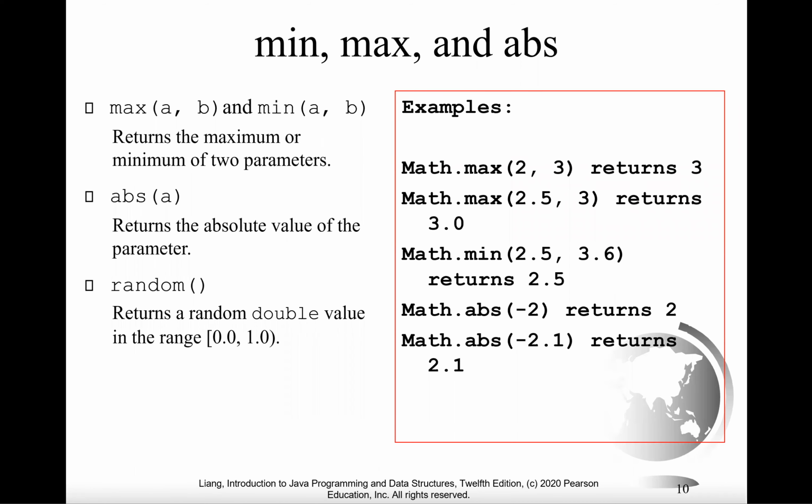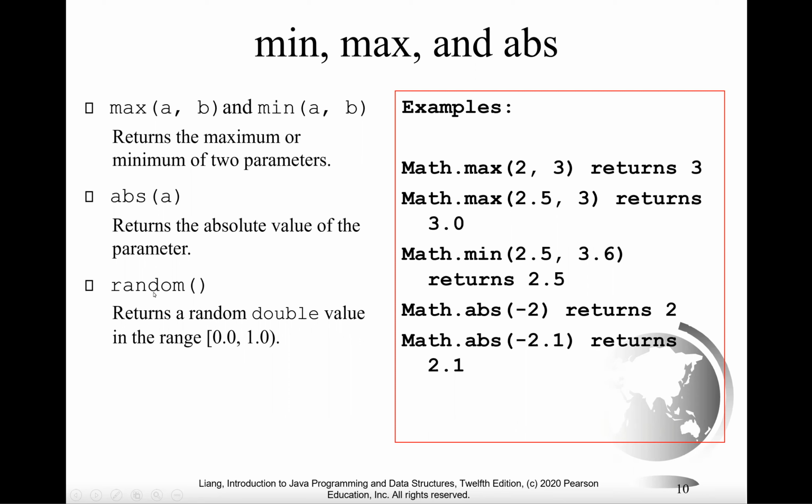Now the methods max, min, abs. max returns the maximum of the two arguments. Math.max(2, 3) returns 3. abs returns the absolute value. Math.abs(-2) returns positive 2.